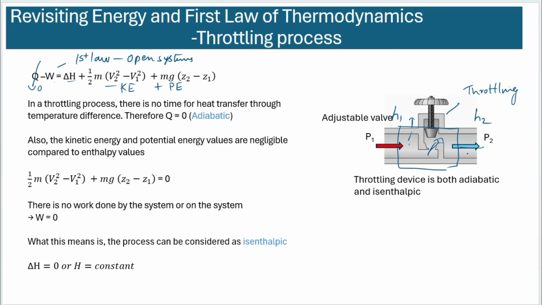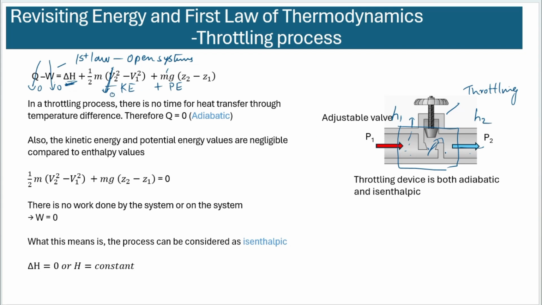Also, there's nothing moving here in the boundary. So you could say that there's no work done. Okay, the two things are 0. And it turns out that when we did all the measurements, compared to the change in enthalpy, there is definitely a change in velocity, but compared to this number, the change in kinetic energy is also negligible.